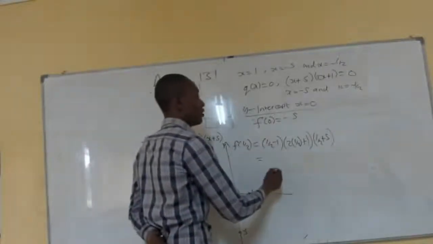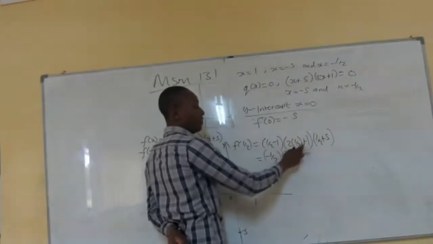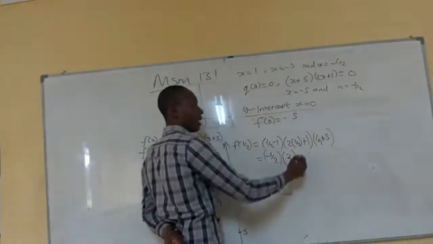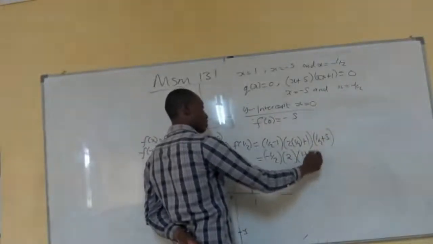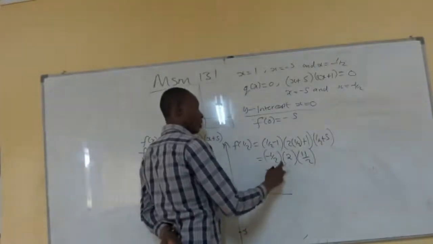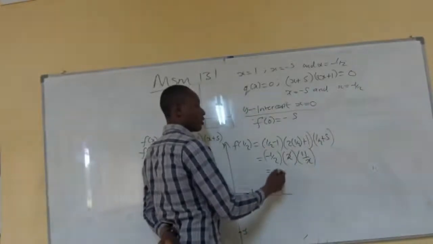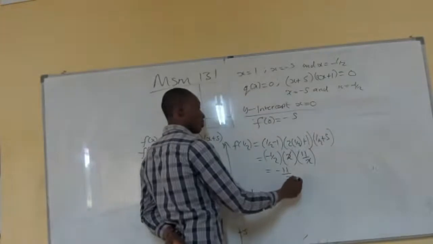Then we're going to have negative 1 over 2 multiplied by, this is actually 1 plus 1, which is 2, multiplied by 11 over 2. Since we are multiplying, the 2s will cancel. So we literally have negative 11 over 2.